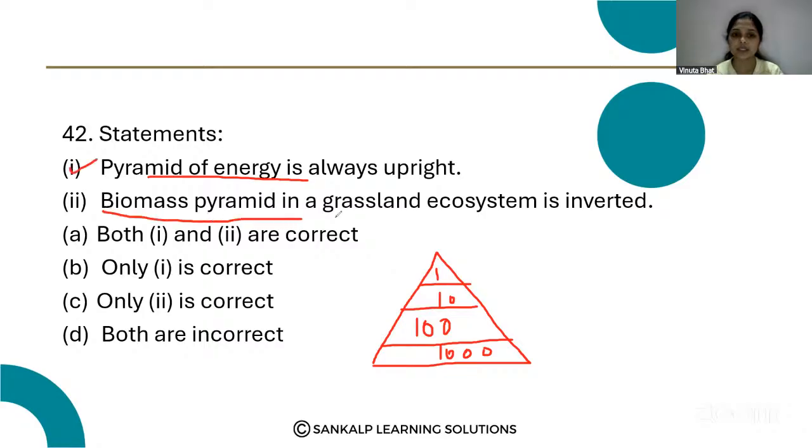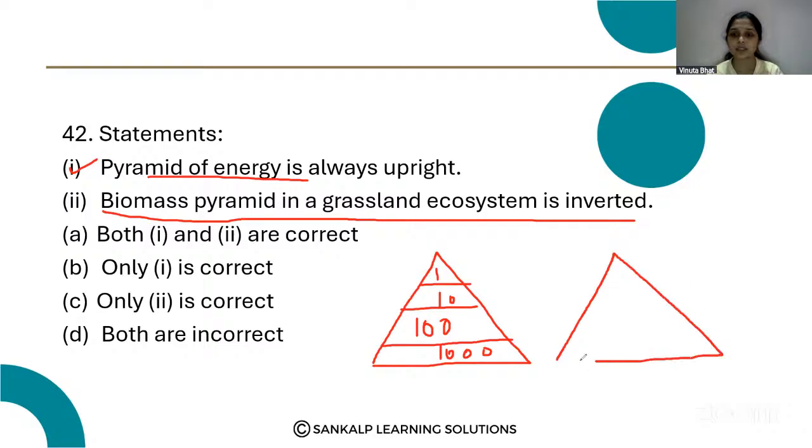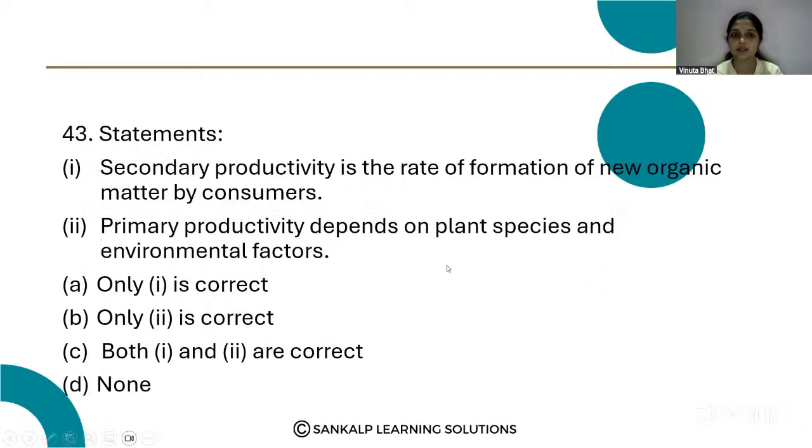Biomass pyramid in a grassland ecosystem is inverted. When we consider the biomass pyramid in a grassland ecosystem, the organic mass of the grass is high compared to the next level. So here which one is the correct answer?